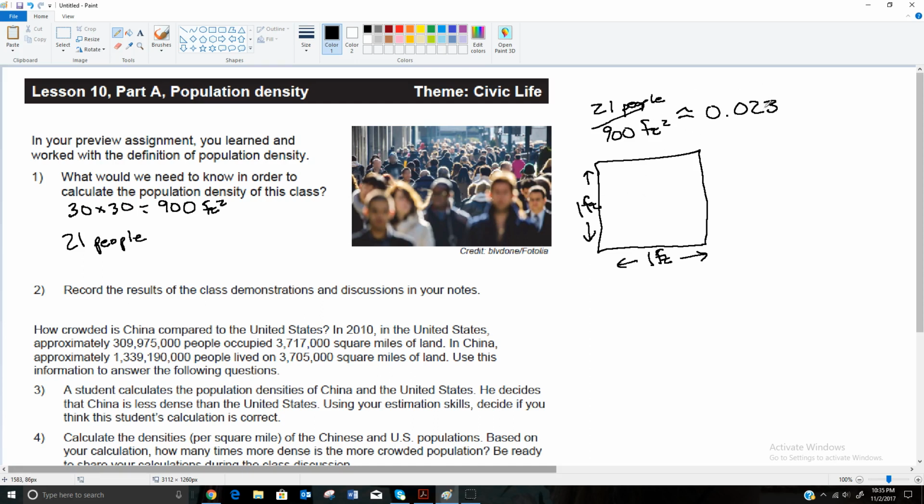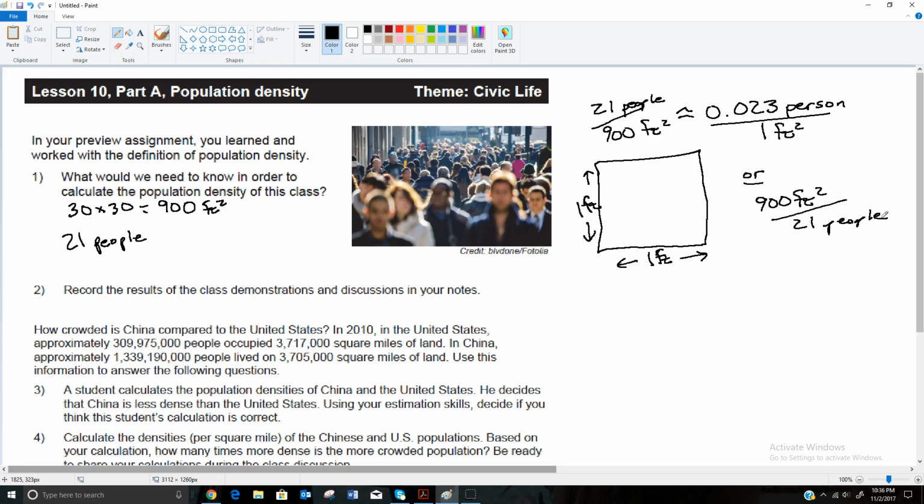But this is kind of weird. How do you have 0.023 of a person? That's a fraction of a person per square foot. Sometimes, if the way that you're dividing doesn't make sense, you can flip it. We could say that it's 900 square feet for 21 people.